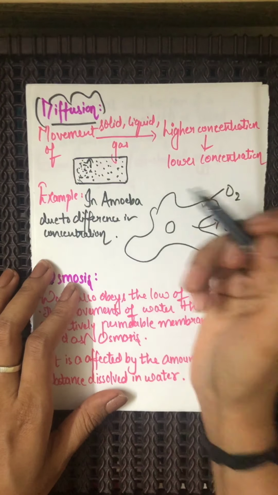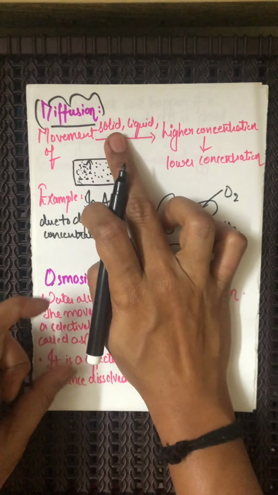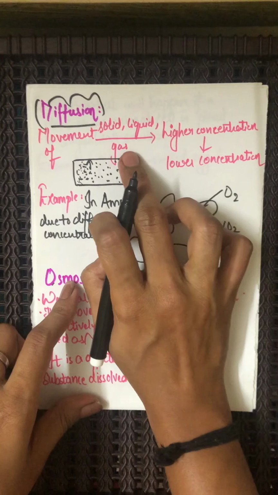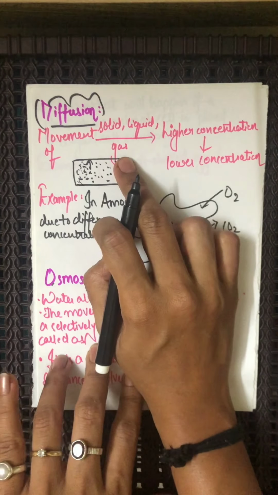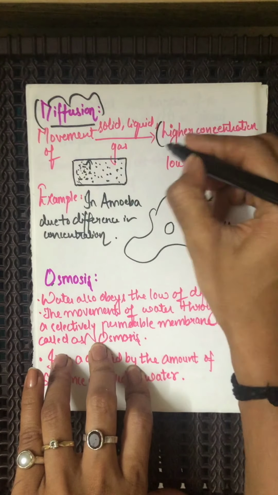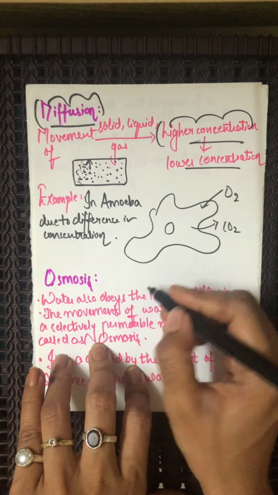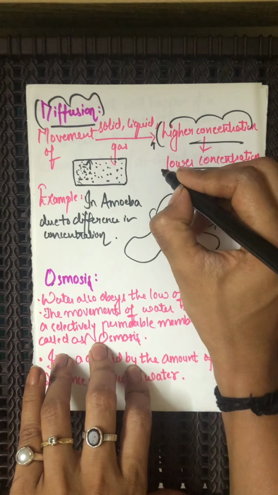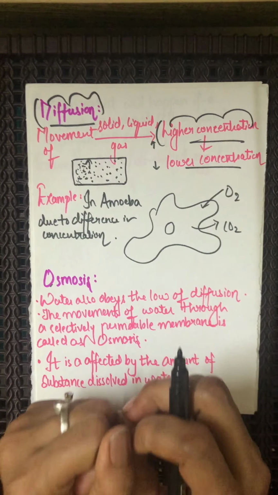Do you understand this? That is, the movement of any material, whether it be solid, liquid or gaseous particles, from the region of higher concentration to the region of lower concentration. So movement from the region of higher concentration to the region of lower concentration is nothing but diffusion.